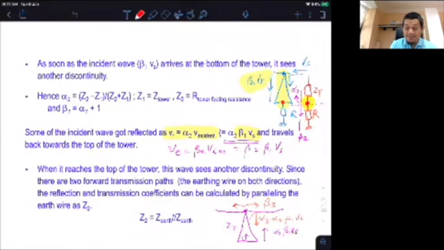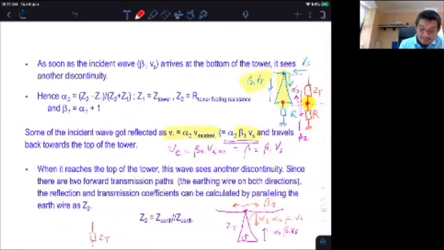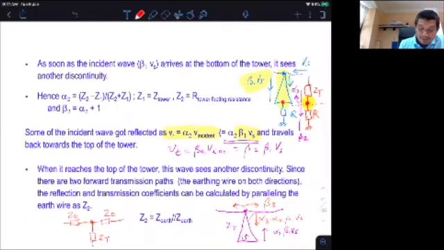The voltage is beta 3 multiplied by V incident, which is alpha 2, beta 1. So for this case, we have the situation like this. So we have Z tower, we have Z earth on the left, Z earth on the right. And the discontinuity is at that point. And we're going to have alpha 3 as reflection coefficient.